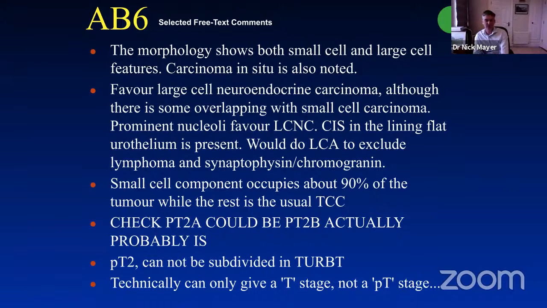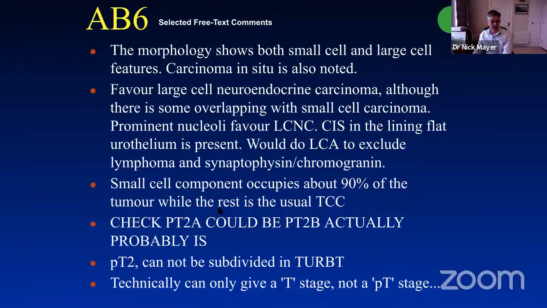Some people felt the larger cell component was compatible with large cell neuroendocrine, others feeling that it was more usual type TCC. And without actually being able to see the CD56 stain, it's a bit difficult to interpret that one way or another. So they're not entirely surprising comments.